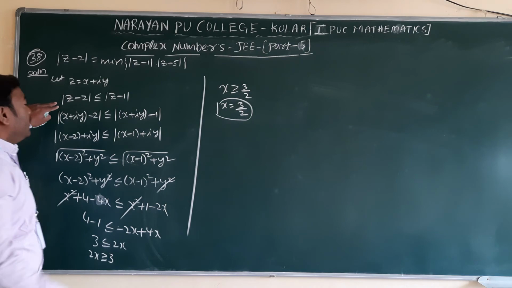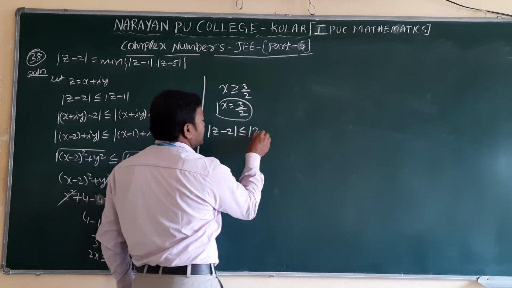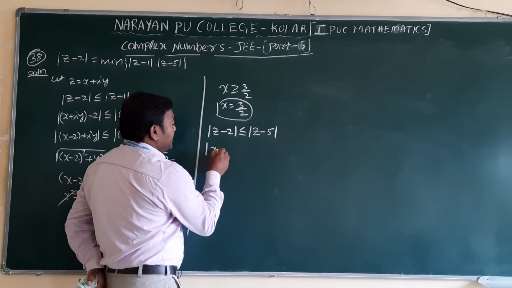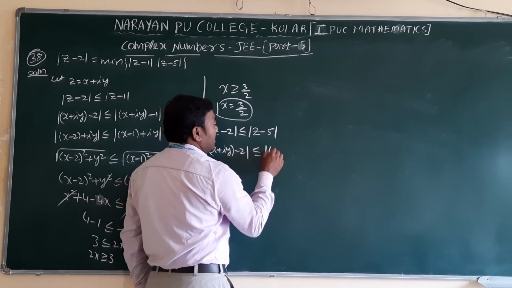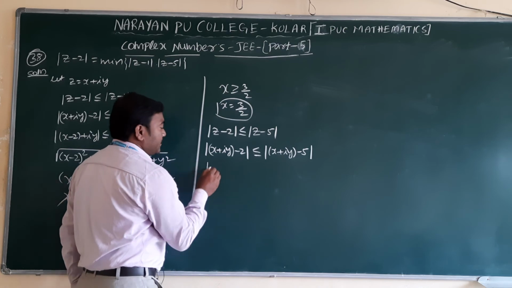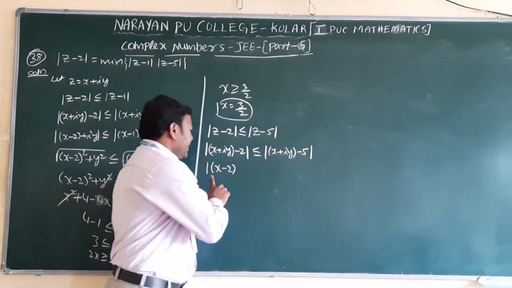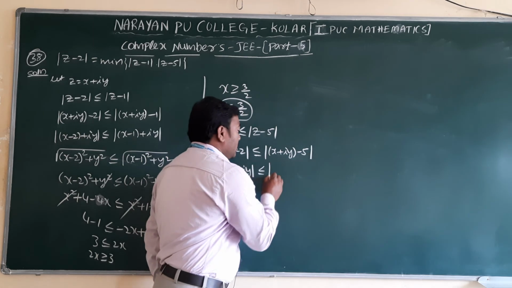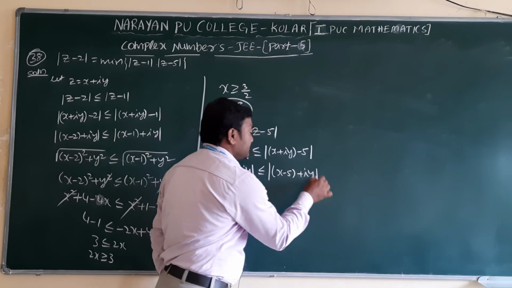Here again, the modulus of z minus 2 is less than or equal to modulus of z minus 5. So modulus of z value x plus iy minus 2 is less than or equal to modulus of x plus iy minus 5. Here we are splitting real and imaginary parts. Modulus of x minus 2 plus iy is less than or equal to modulus of x minus 5 plus iy.